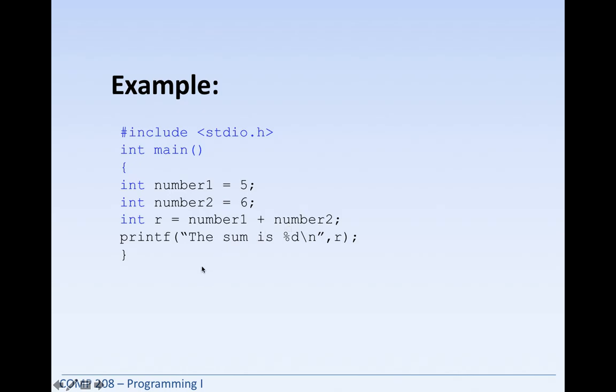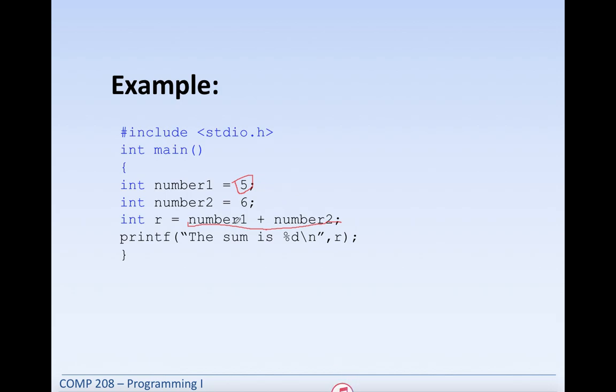So what would the compiler do? As we learned in class, you cover r, you don't look at this part, you start here, number1 plus number2. The compiler will go to the memory location where number1 is, you will have 5 there, so it will do 5 plus 6, that's 11.